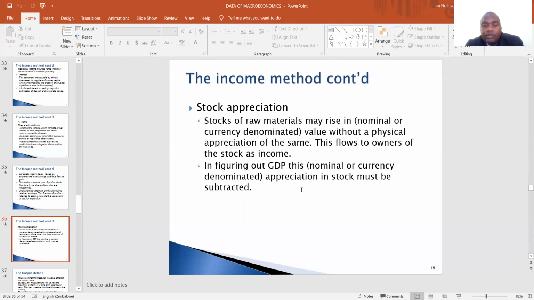In figuring out GDP, this nominal or currency denominated appreciation in stock must be subtracted because it will inflate the GDP figure as if national output has increased when it is just a monetary or currency denominated kind of appreciation.